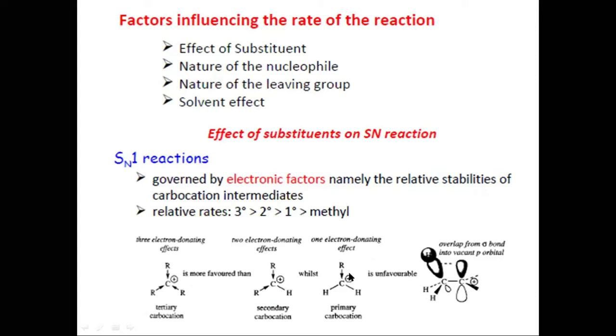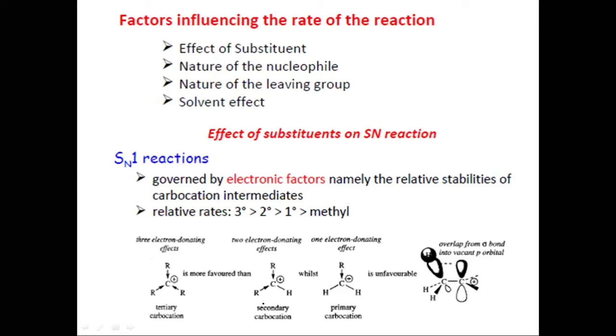If you move on to the primary carbocation, there are two hydrogen atoms attached to the carbon and one R group, so the plus I effect inducing group is now only one. In the secondary case there are two plus I inducing groups, and in the tertiary case there are three.